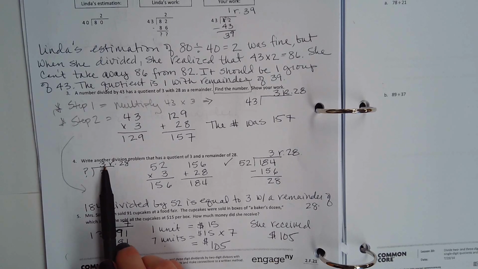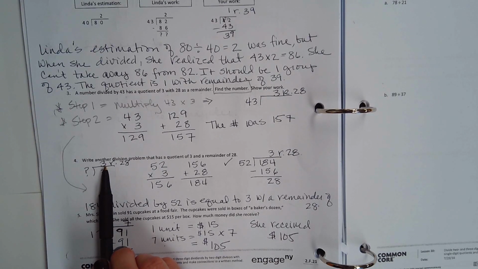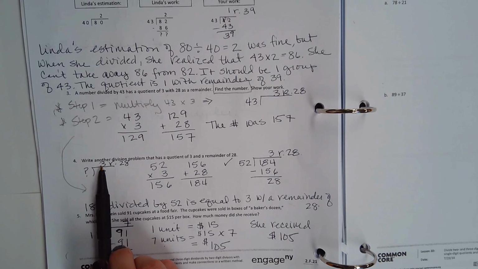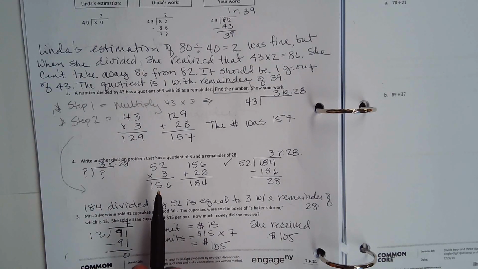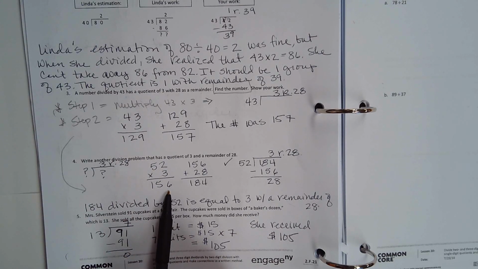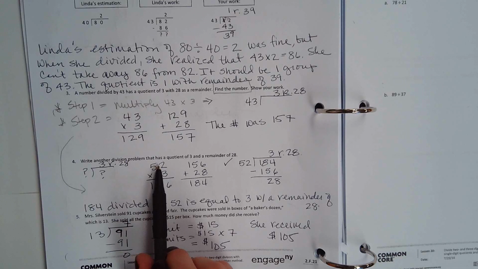I started thinking about what numbers I could play around with in order to get a quotient of 3 and a remainder of 28. So I tried 52 times 3 is 156. I just chose a number.